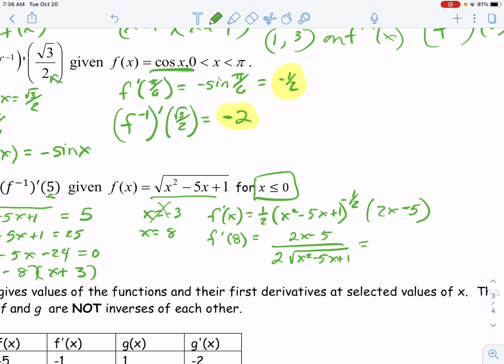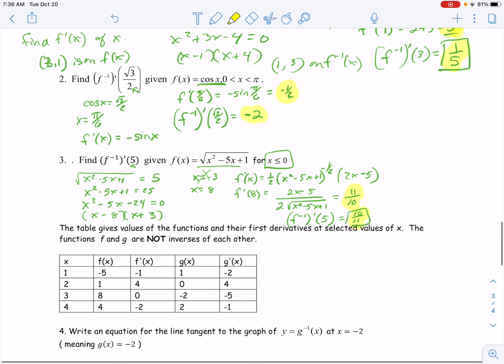You plug in 8 and you get what? 16 minus 5 is 11. And this is what? 64 minus 40 is 24 plus 1 is 25. Square root of that is 5, so 11 over 10. So now my inverse function derivative at 5 is equal to 10 over 11. Okay, see how they're related again?